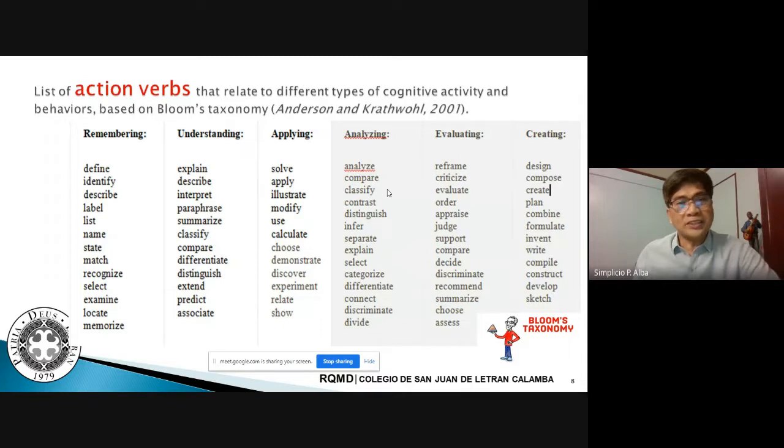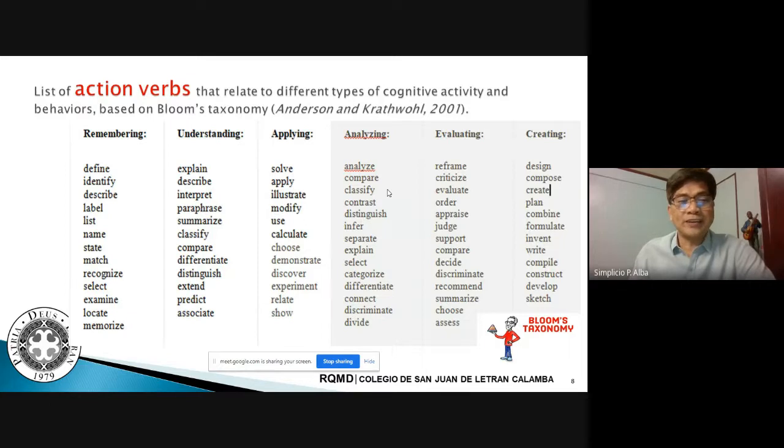So here's a list of action verbs that we could use based on Bloom's taxonomy, enhanced or updated by Anderson and Krathwohl. The action-oriented words are, as you can see, categorized into remembering, understanding, applying, analyzing, evaluating, and creating.